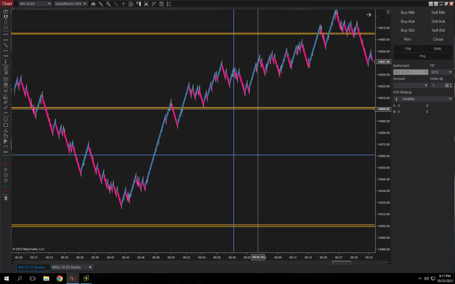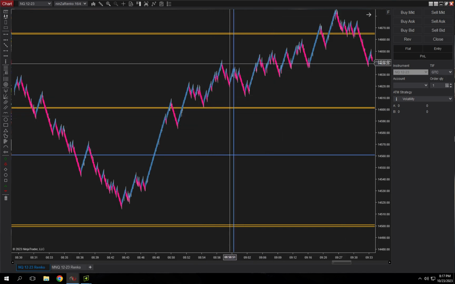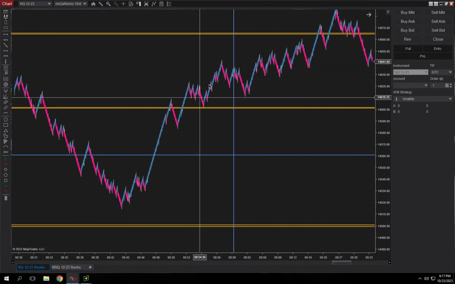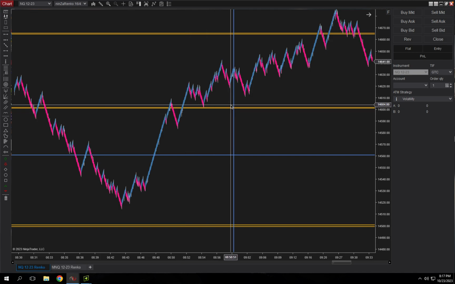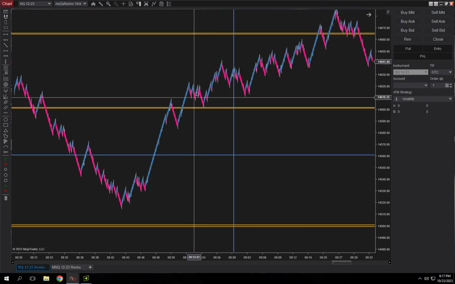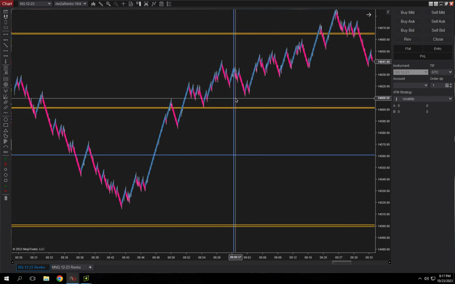If it does, then this is a failed push and reverse. But you can see right here, we're consolidating up here. A lot of times when you see a failed breakout reversal, it's usually a push and then immediately push back down. There's none of this choppiness above. So this is telling you that they're building value up here.